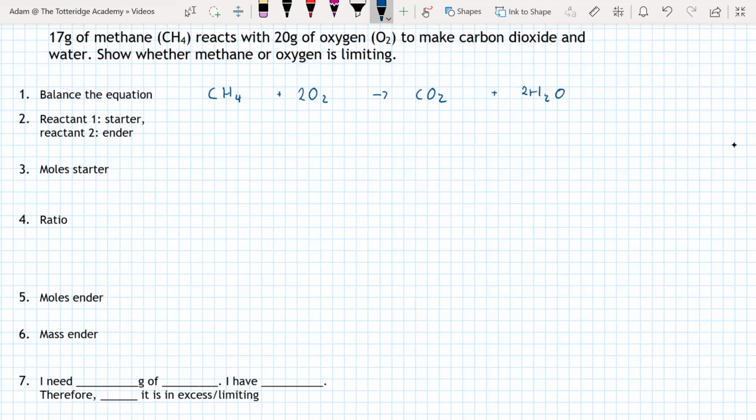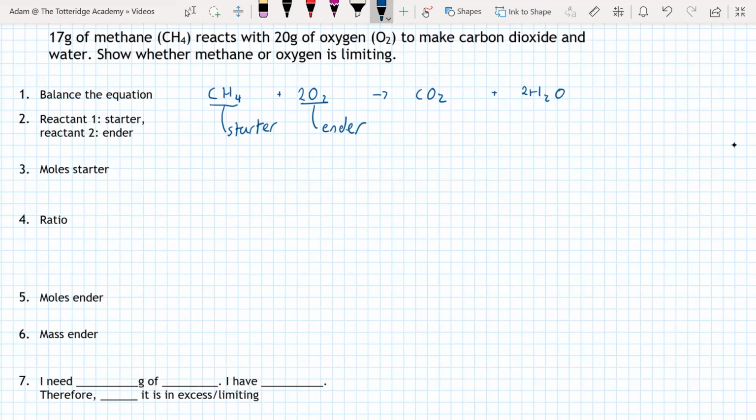We say that reactant 1 has to be the starter and reactant 2 has to be the ender. So this one here must be the starter, and this one here we're going to make the ender. I'd like you now to work out the moles of starter that you have. Pause the video and work out the moles.